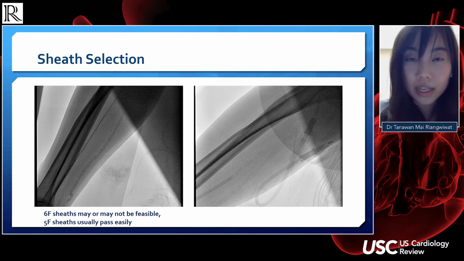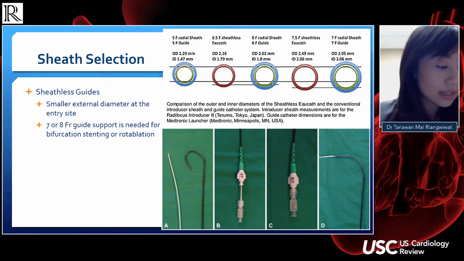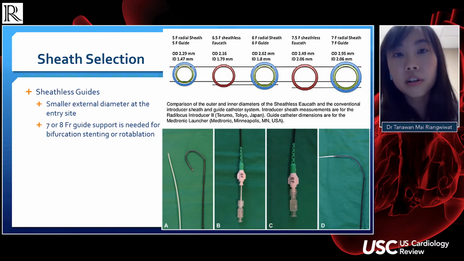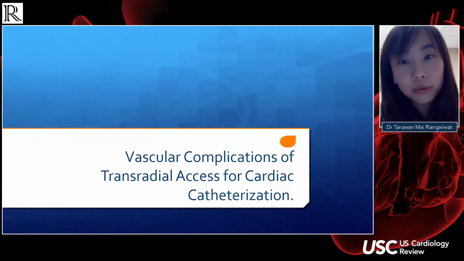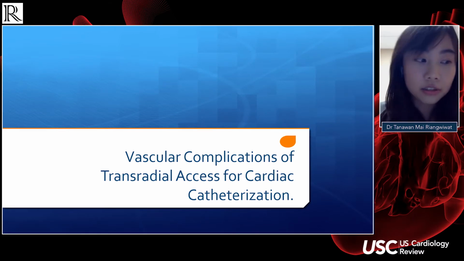Some types of arteries really need a small sheath. The sheathless guide is another option when you really need a bigger catheter for the procedure. Now, coming to our paper, which is about vascular complications of transradial access for cardiac catheterization.